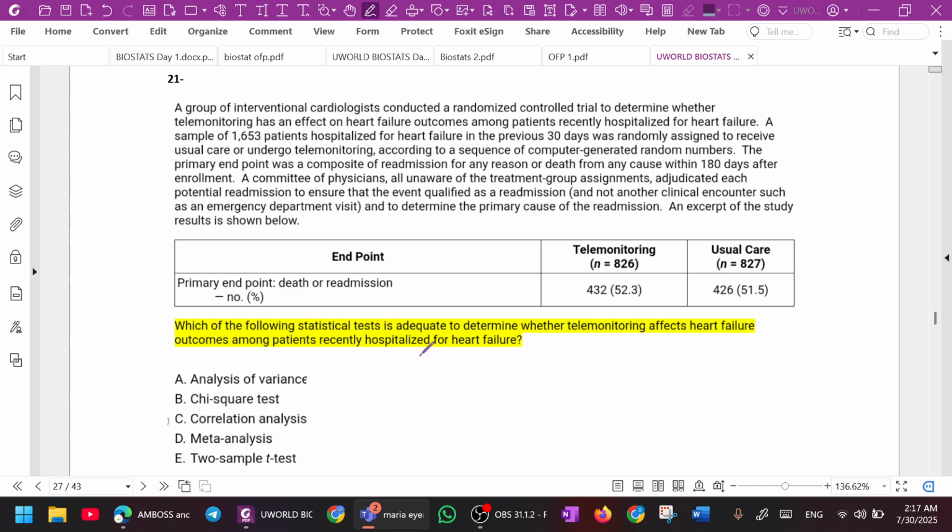So we categorized the patients into telemonitoring and usual care. We are not looking at numbers like the means. The telemonitoring is 432 and usual care is 426. We are not concerned about that. We are concerned about telemonitoring and usual care. That's why it is chi-square.